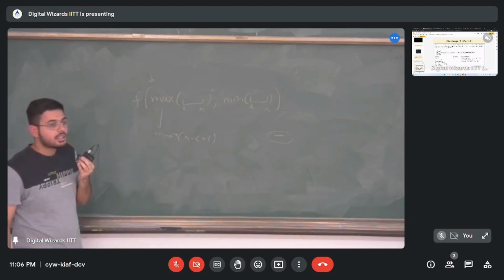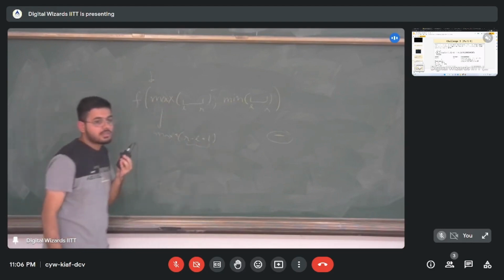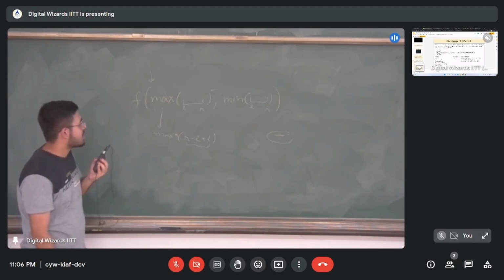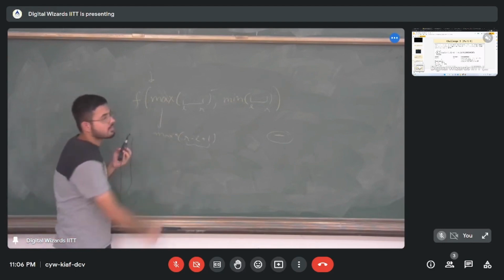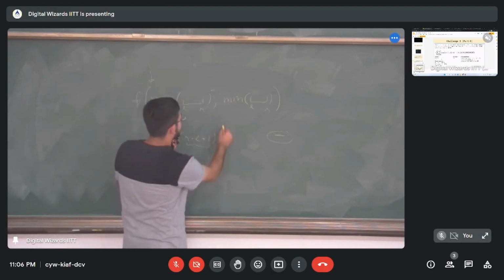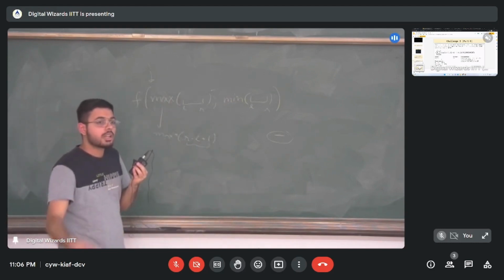This is not the challenge. Finding this is not the challenge. The main challenge is finding the maximum. So why don't I simply compute this thing: the sum of maximum over all the subarrays.